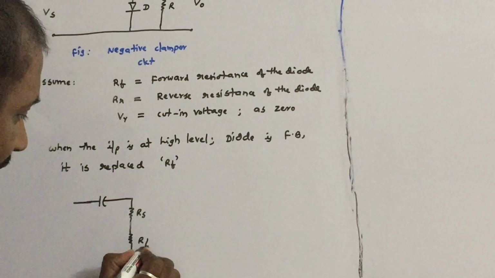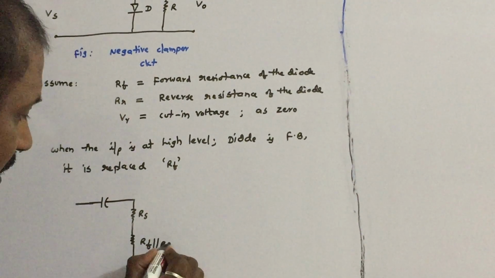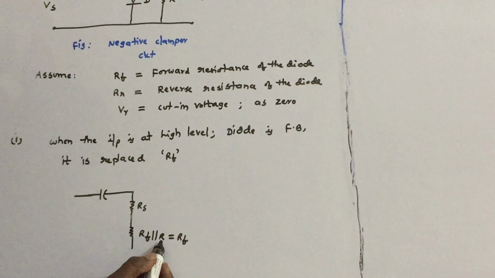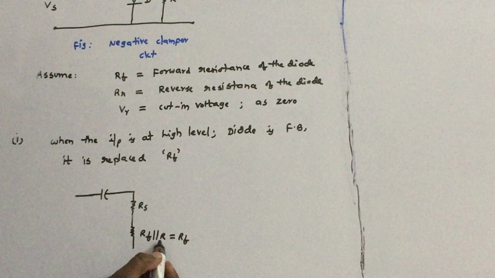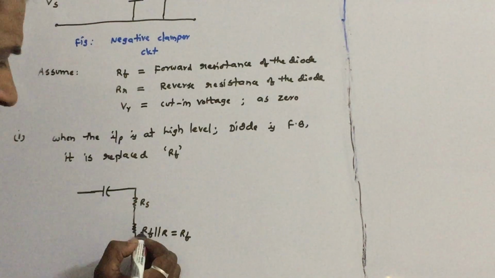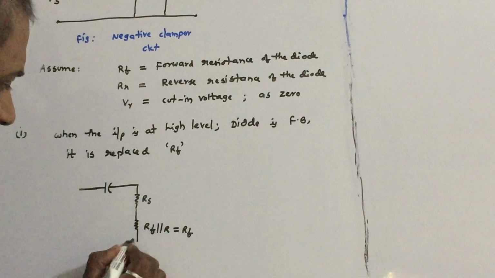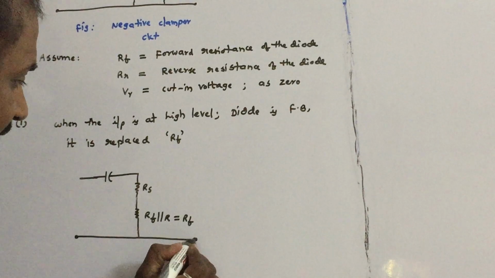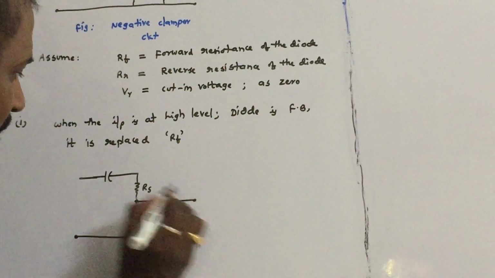What is its value? Rf parallel with R comes out as Rf. Remember that Rf is, for example, 50 ohms and R is 10 kilo ohms. If you take the parallel of these on a calculator, you get nearly Rf. So Rf parallel with R is nearly Rf. This is a very important equivalent circuit you have to consider.